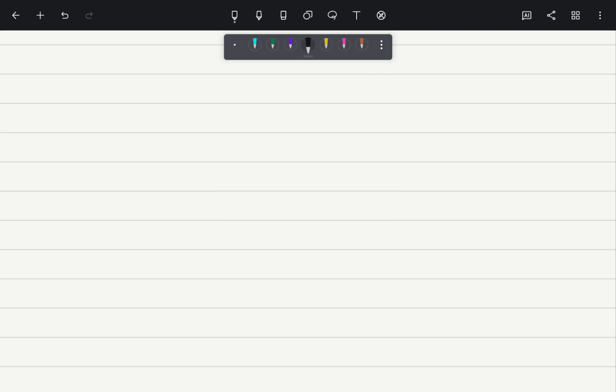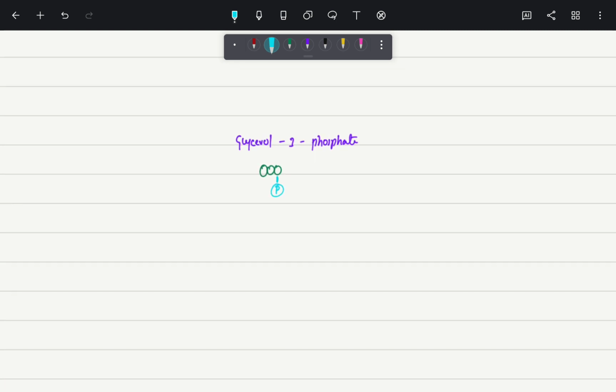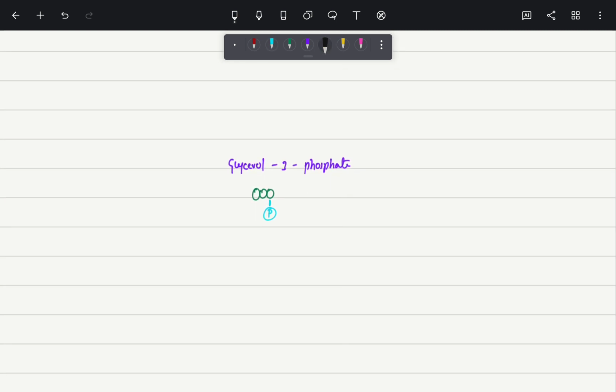In my basics I will be mainly talking about the triose phosphate, which is your glycerol 3 phosphate. Now I already told you glycerol is a 3 carbon structure, and to this 3 carbon structure there is a phosphate present on the third carbon, hence it is called glycerol 3 phosphate. Now how this glycerol 3 phosphate is synthesized, I already told you.